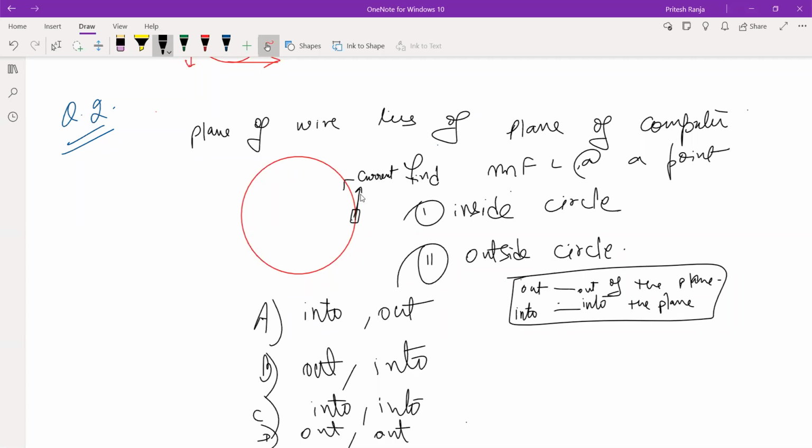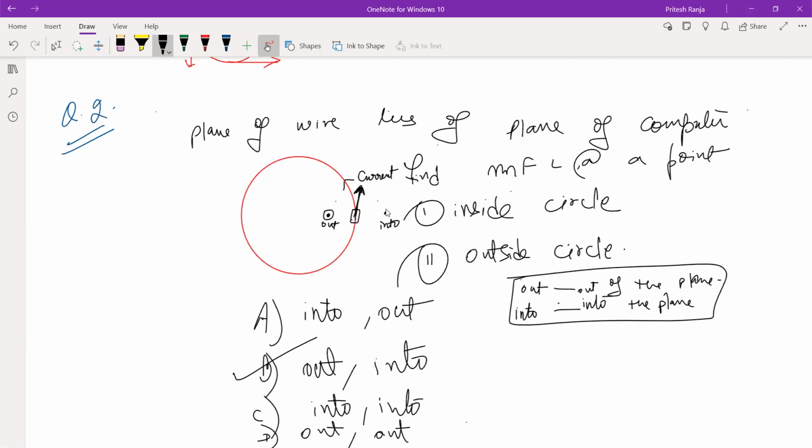So put the thumb in this direction. What you will see, the curled fingers are going into the plane at this point. और जो कर्ल्ड फिंगर हैं वो इस पॉइंट से वापस आउट आ रहे हैं, राइट. सो एट एनी पॉइंट इनसाइड आउट, एट एनी पॉइंट आउटसाइड इनटू.